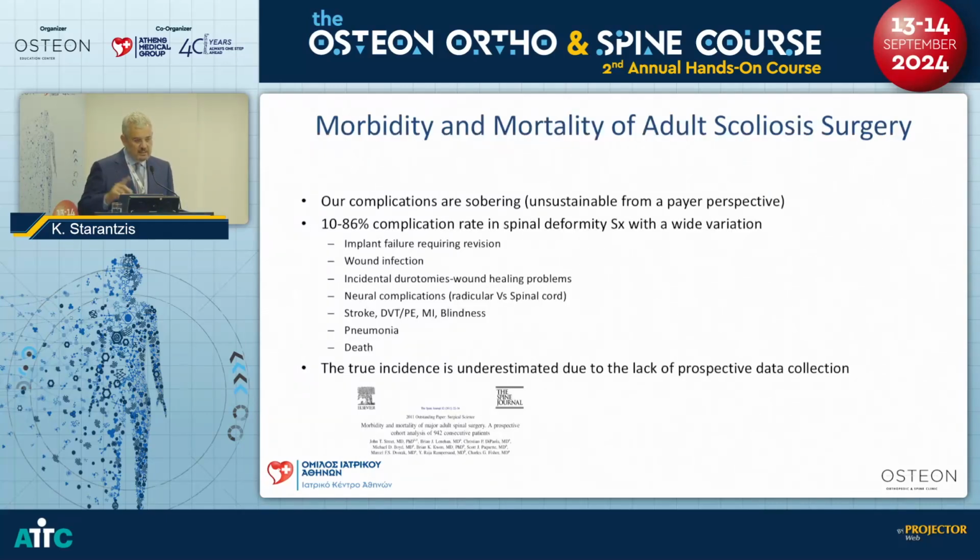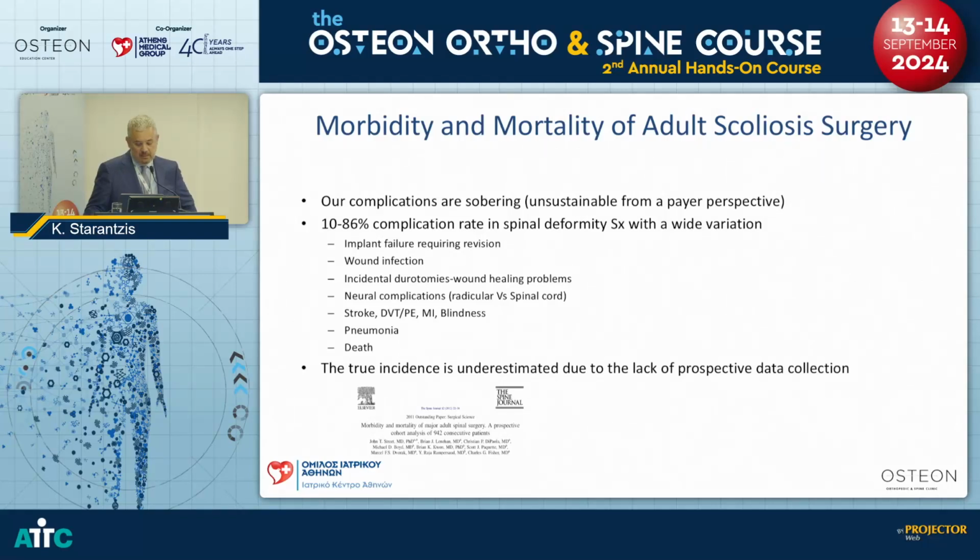So with regards to the complications of deformity surgery, 20 years ago we tended to underestimate the risks of deformity surgery. We talked about adult deformity correction risks as if we were talking about degenerative surgery.